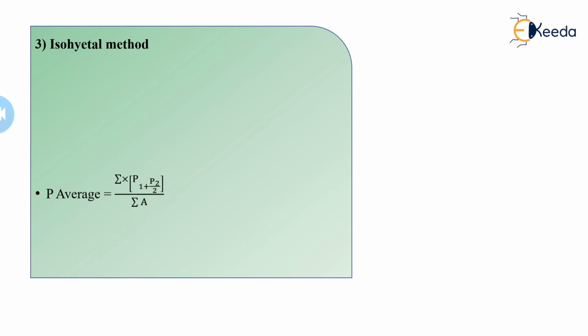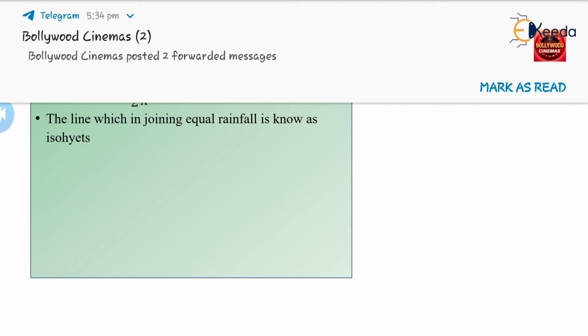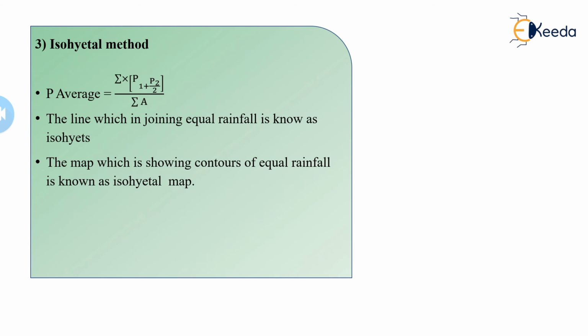So what is an isohyet? Basically, the line which joins points of equal rainfall is known as an isohyet, and the map showing these contours of equal rainfall is known as an isohyetal map. This isohyetal map showing the contours of equal rainfall represents a more accurate picture of rainfall distribution over the basin.